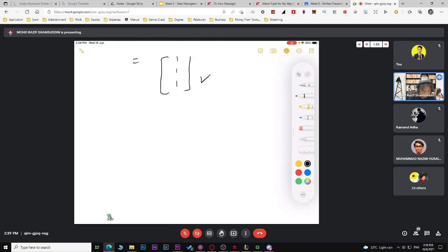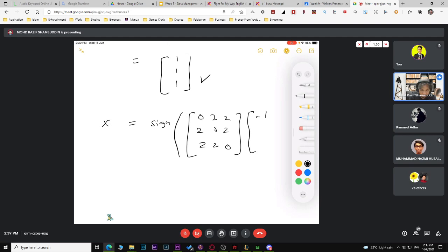Alright, how about the next one, for stable state -1. Let's try it out. Let's say X is the output. So sign of again the weight value times -1, -1, -1.